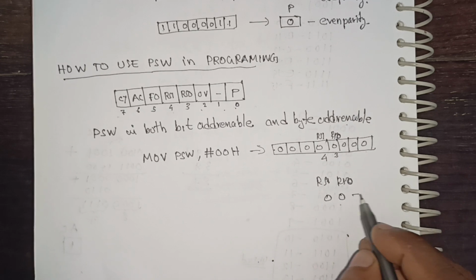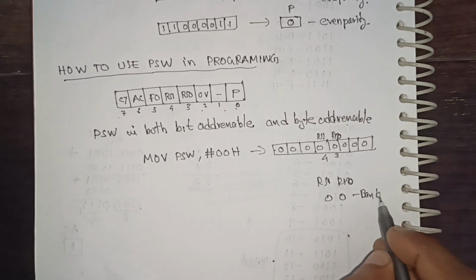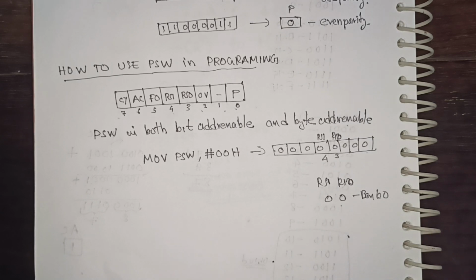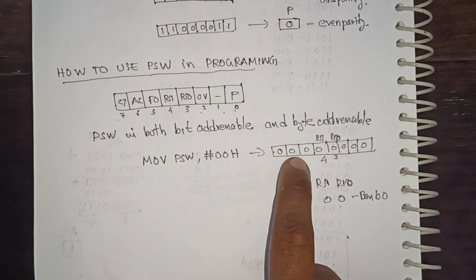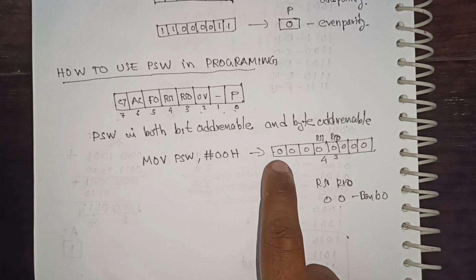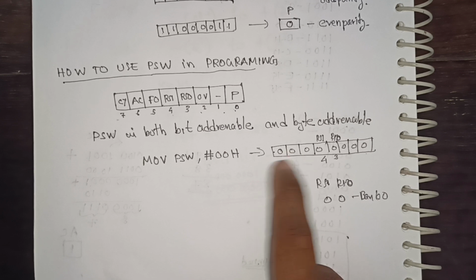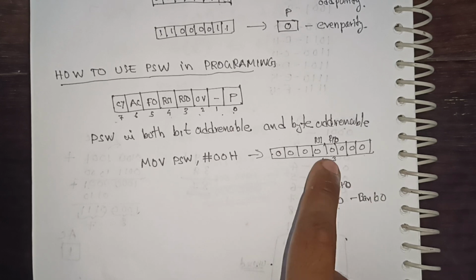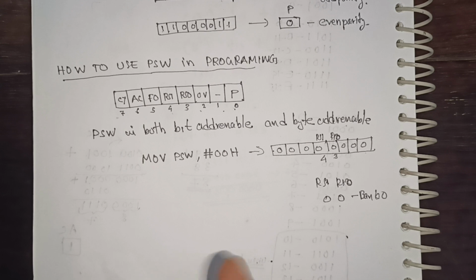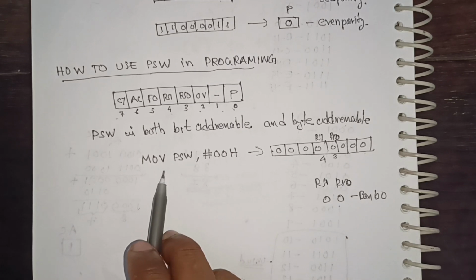So 0, 0, bank 0 is selected. Our carry flag has value 0, auxiliary carry has value 0, and the rest of the flags have value 0. So this is one way of using our PSW.